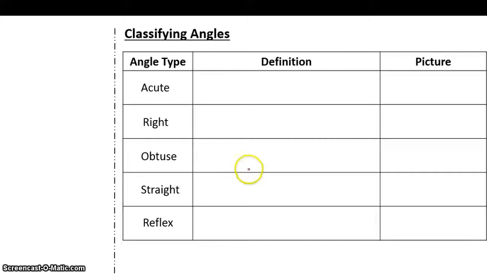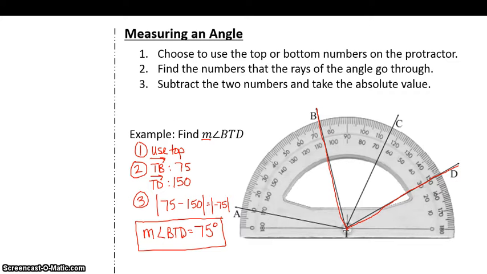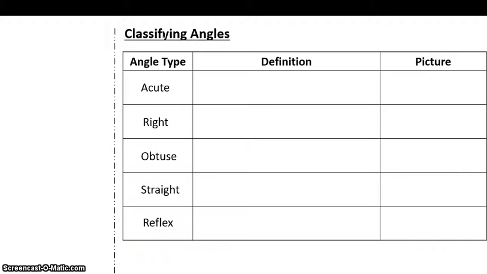All right, next, so now this is a new main idea. So from what we just wrote down here, skip 6 to 8 spaces, and then we're going to classify angles. So this is classifying angles. That's our last main idea that we're going to talk about today.